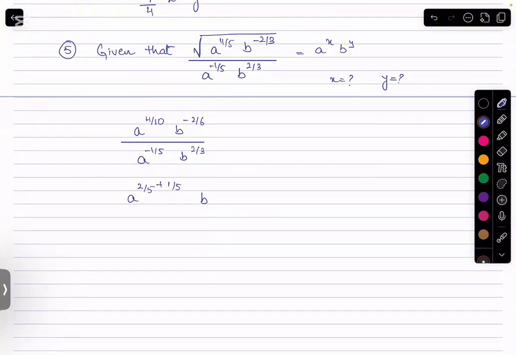1/5. चलें. अच्छा, b के लिए what is it going to be? -2/6 and then -2/3. चलें, give me the final answer. X is equal to 3/5 and y is equal to -1.